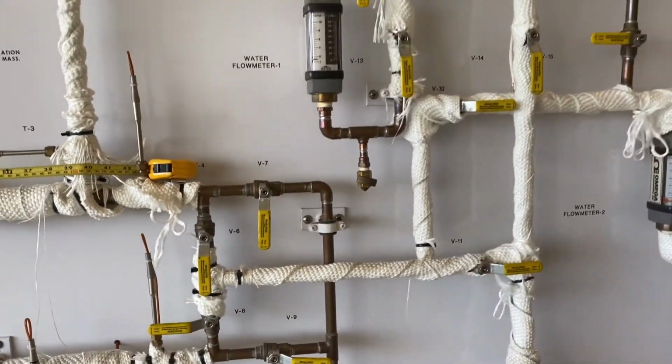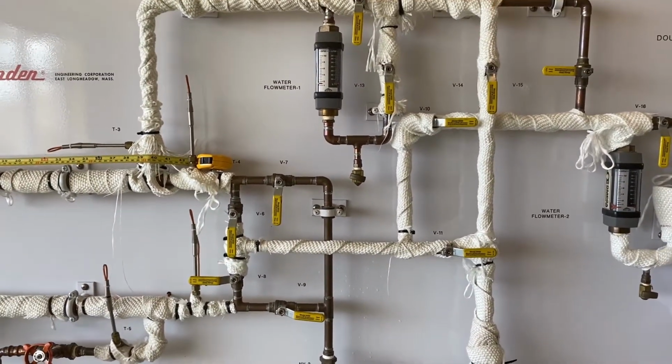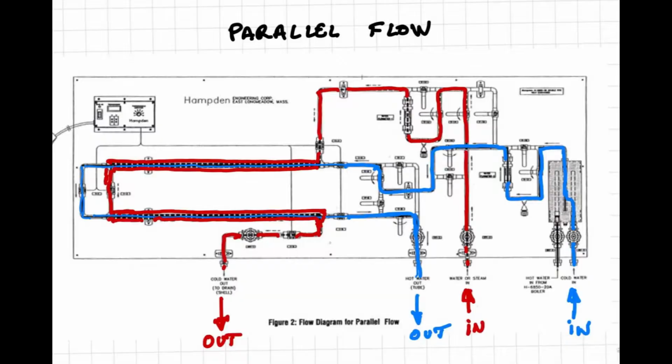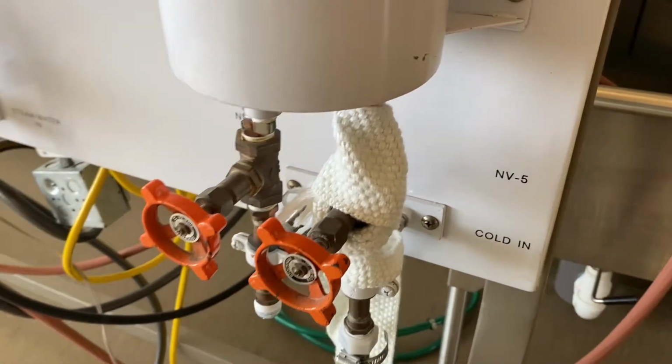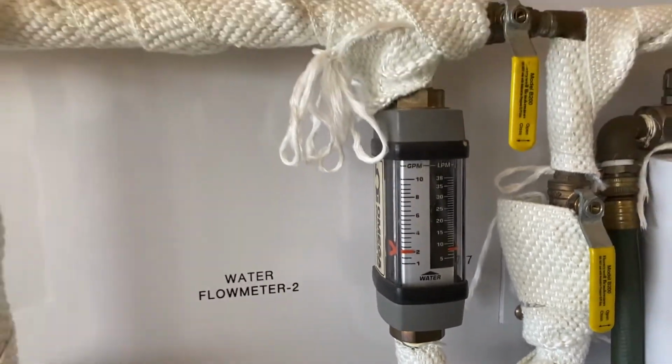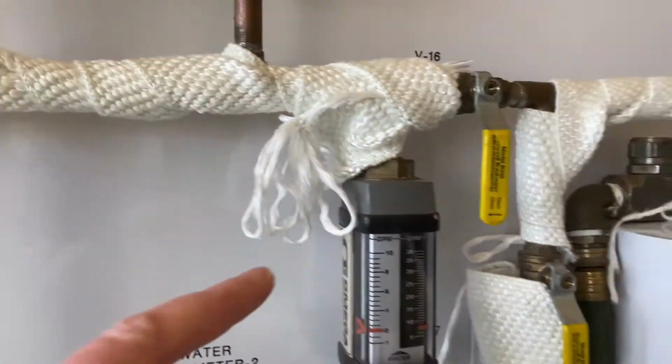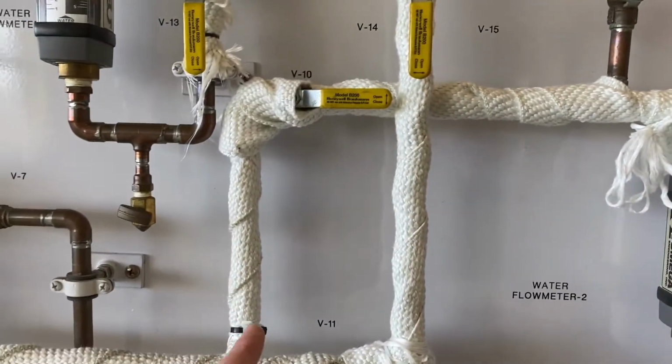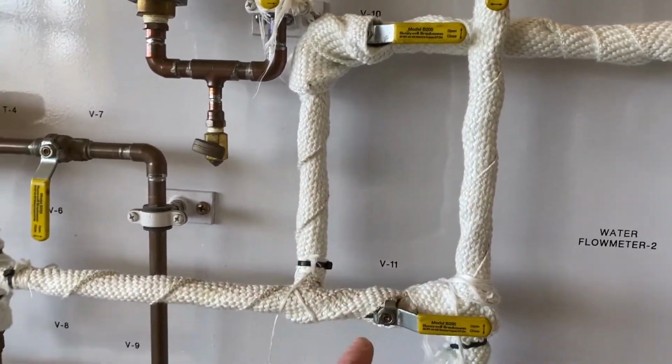And now we're going to open the valve on the cold water. We have about 2 gallons, we have to adjust. And here's the flow. You see those valves are open.